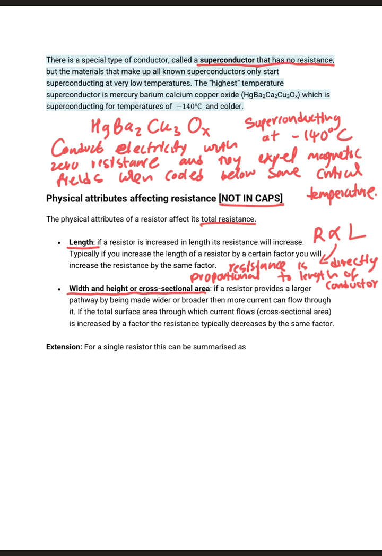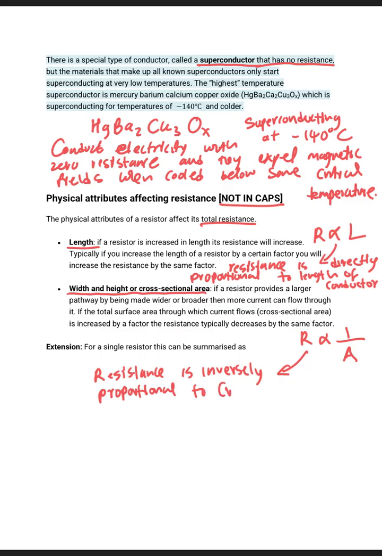So this means that resistance is inversely proportional to the cross-sectional area of the conductor.